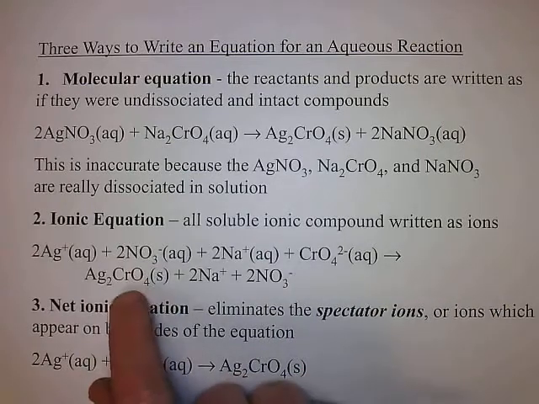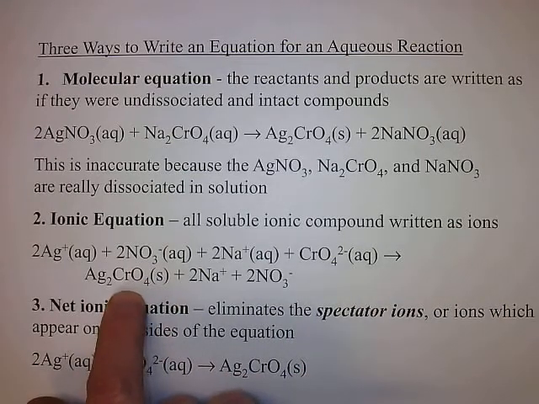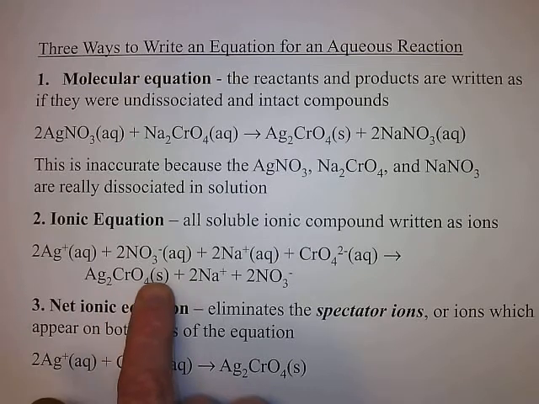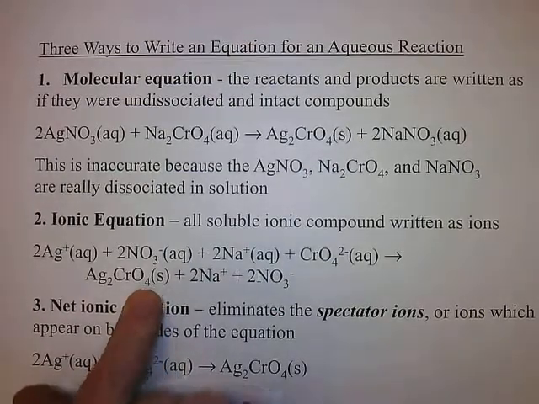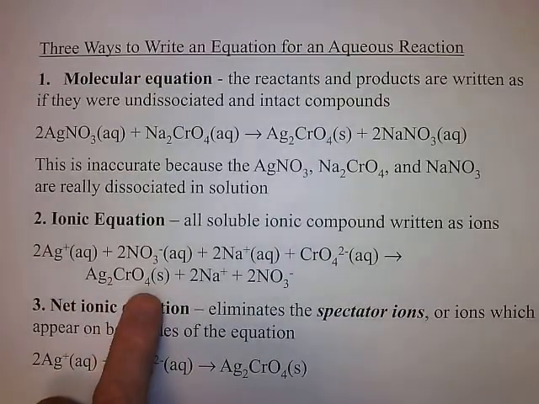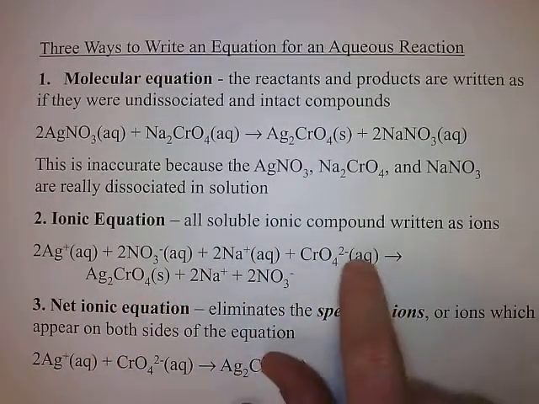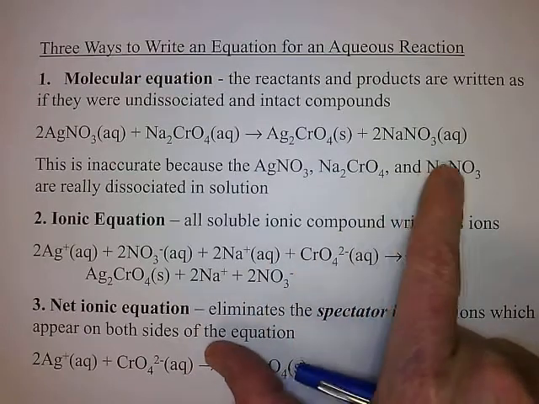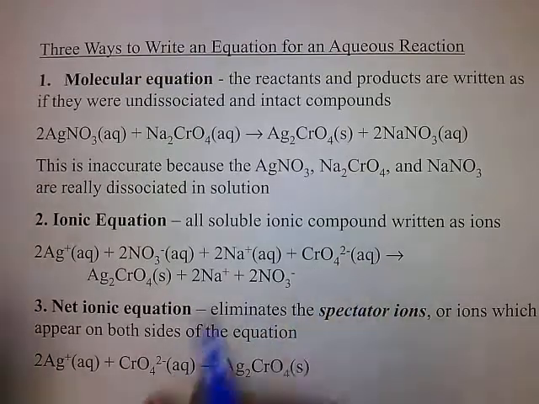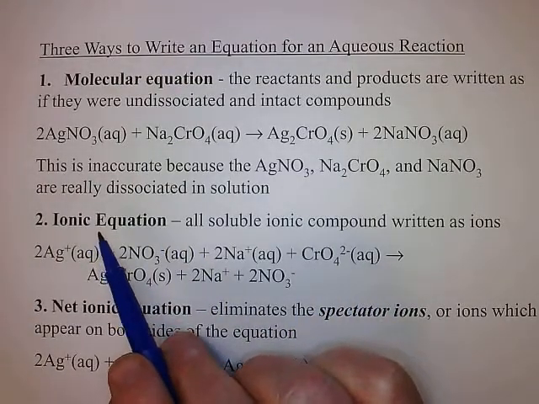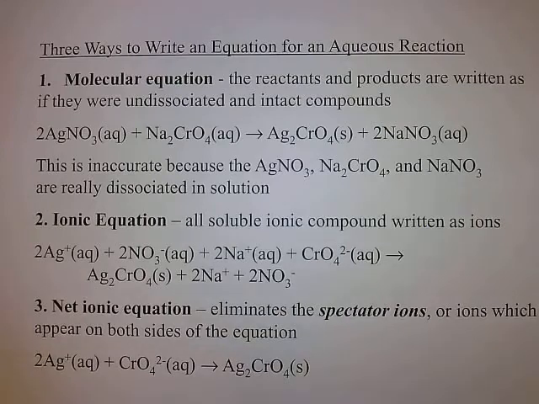Now, the silver chromate, we leave it written like this. Why? Because that's the solid. That's not dissolved. That's what falls out of solution. So that really isn't dissociated. That really exists as Ag2CrO4 solid. And then the sodium nitrate exists as Na+ and NO3- ions, right? So that's the ionic equation, also sometimes called the total ionic equation.